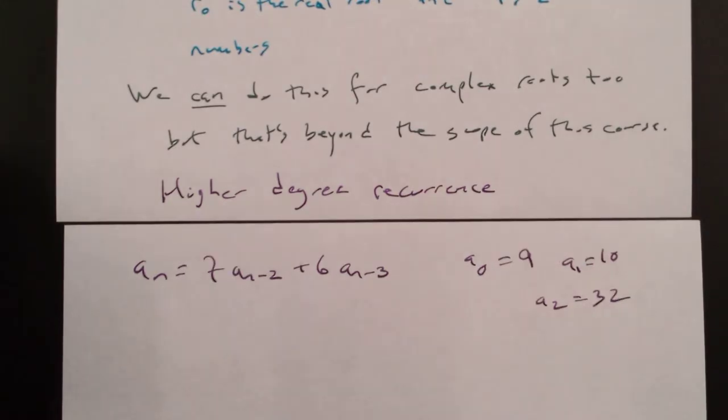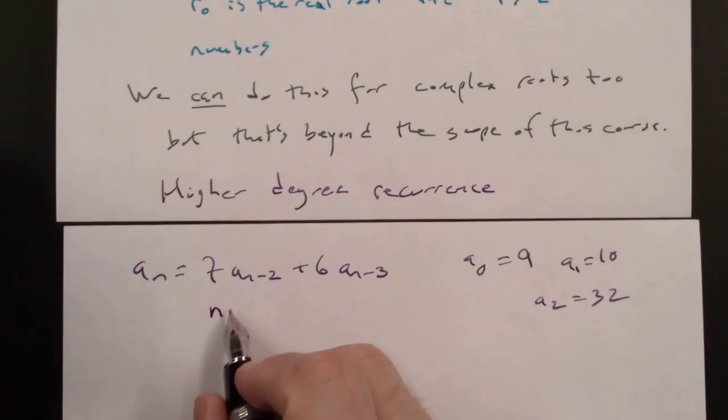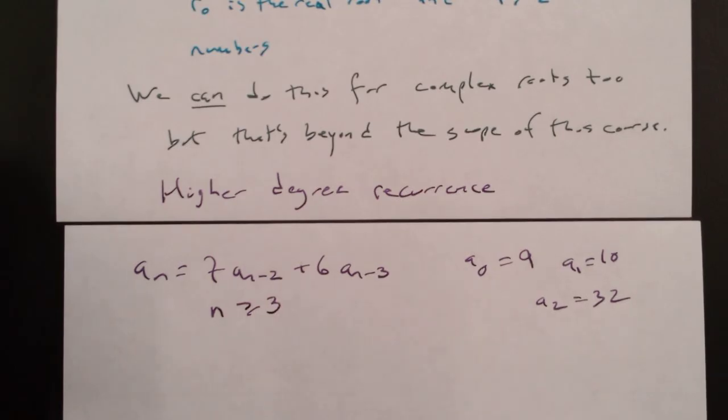This is a degree 3 recurrence, because I've got a_{n-2} and a_{n-3} in here. I don't have any a_{n-1}s. That just means the coefficient for a_{n-1} is 0. Since it's degree 3, I need 3 starting conditions, because this expression is only useful when n is bigger than or equal to 3, which is why I need a0, a1, and a2.